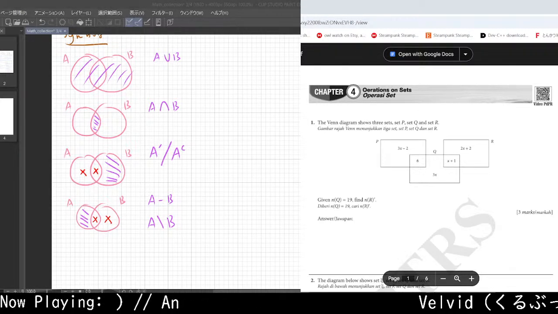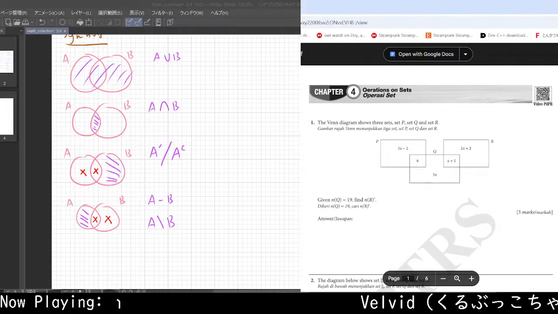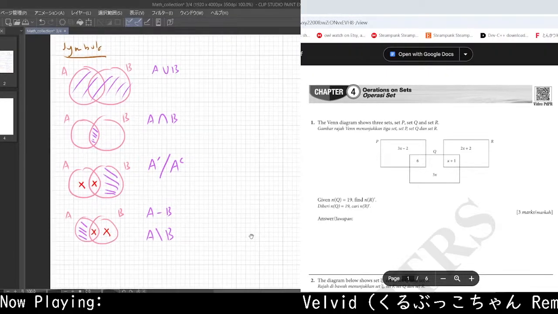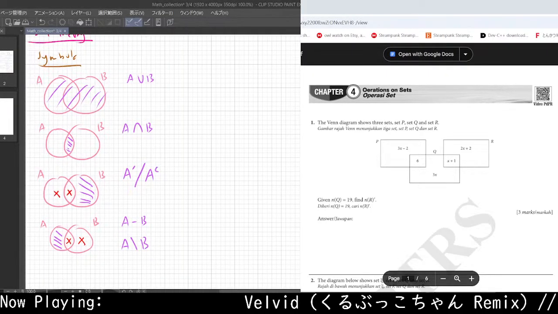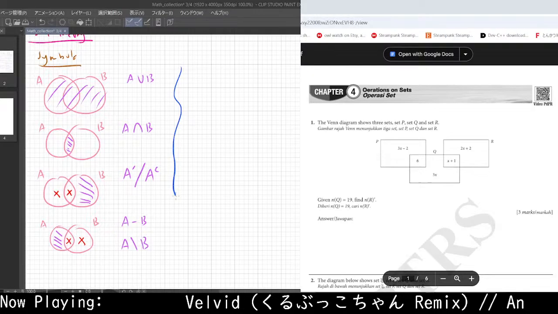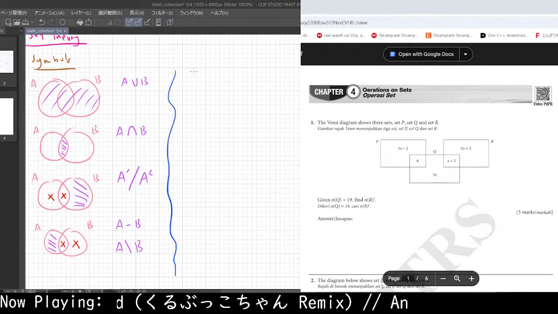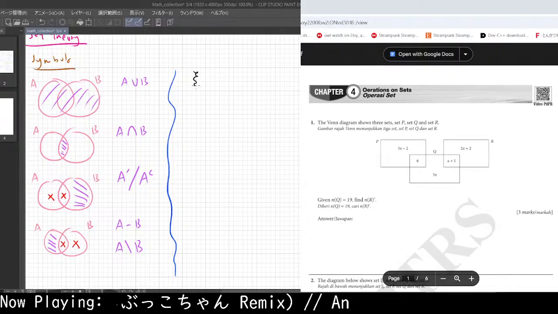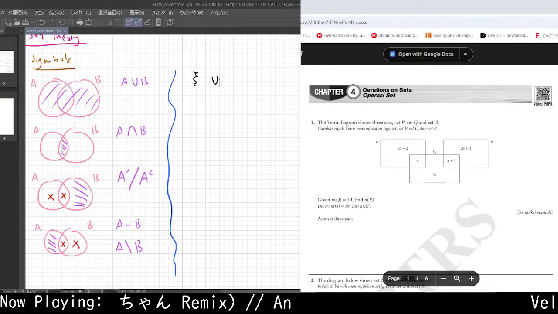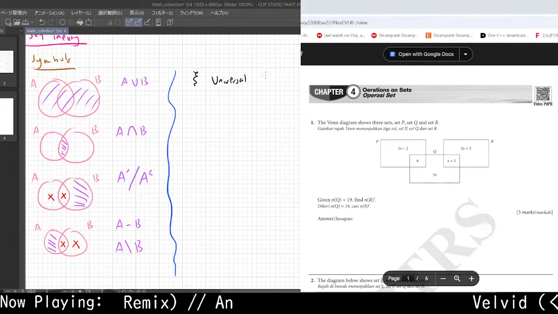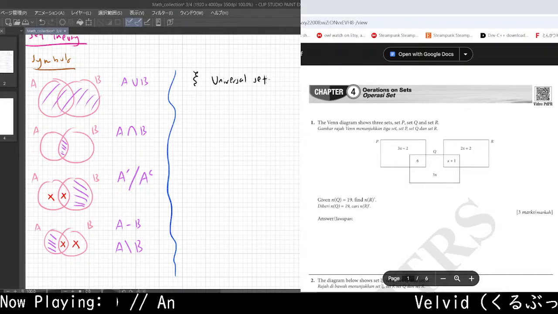Next you want to know some more symbols. This squiggle refers to the universal set. This usually means everything.